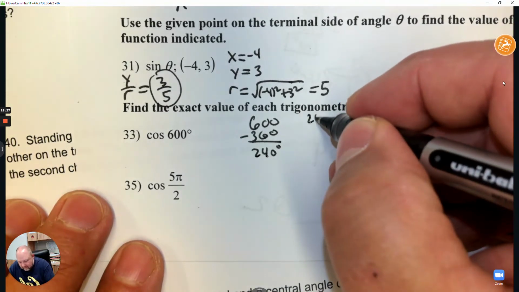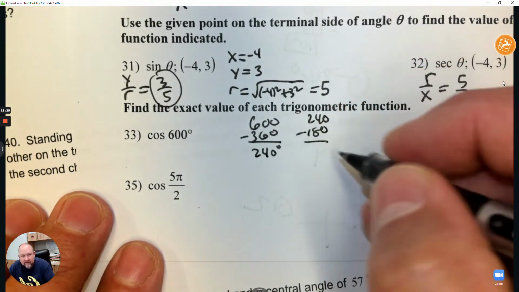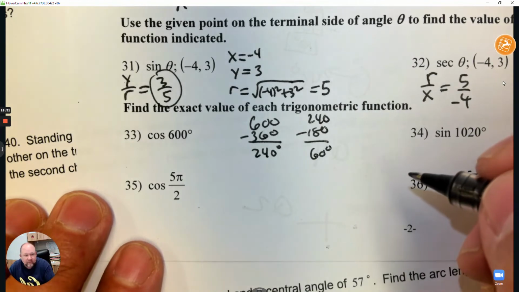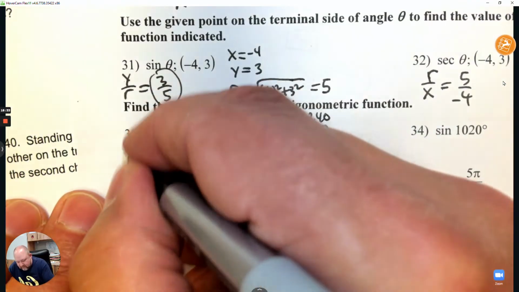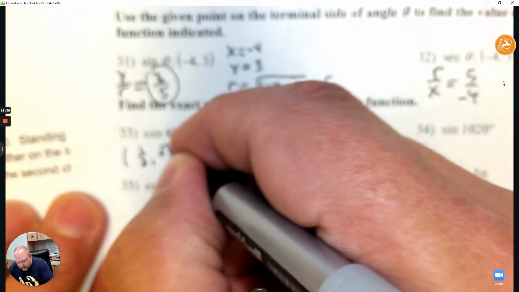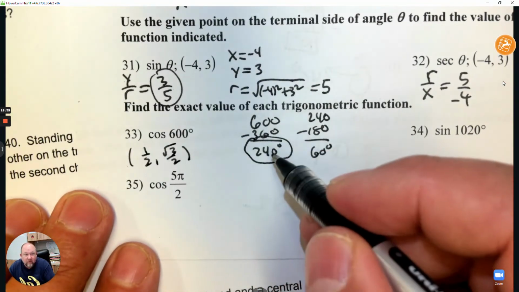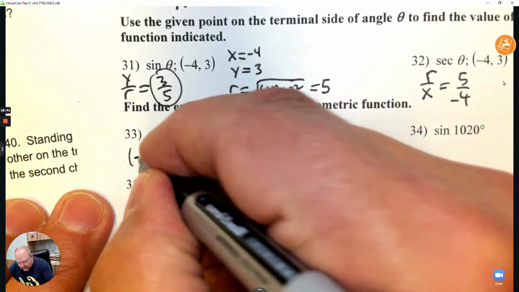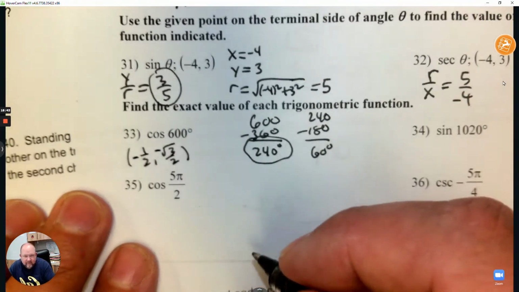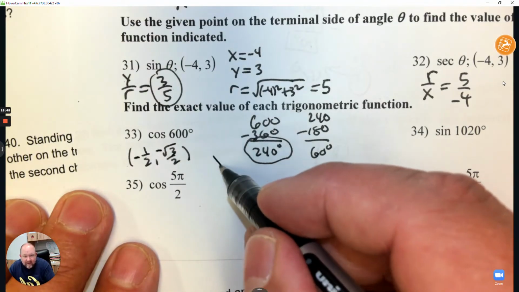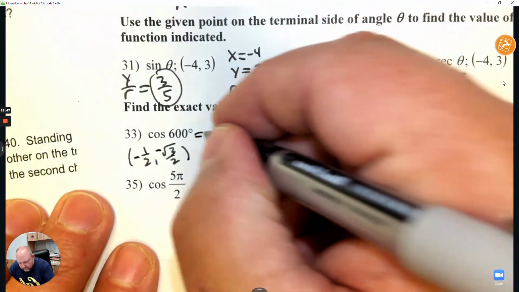So the reference angle at 240, subtract 180, is 60 degrees. The point at 60 degrees is 1/2 and root 3 over 2. 240 is in quadrant number 3. So both the x and the y are negative. Cosine goes with the x coordinate. So this answer is -1/2.